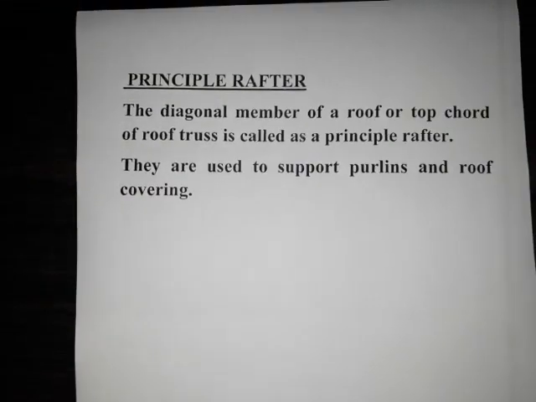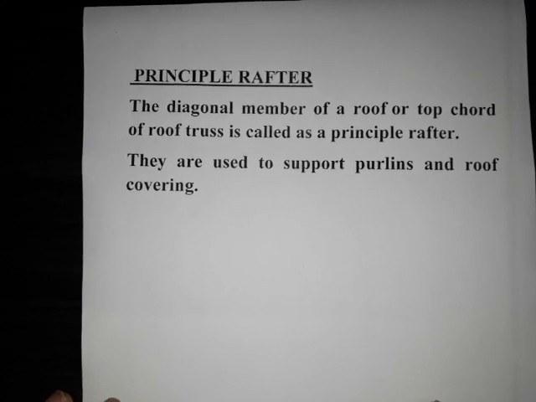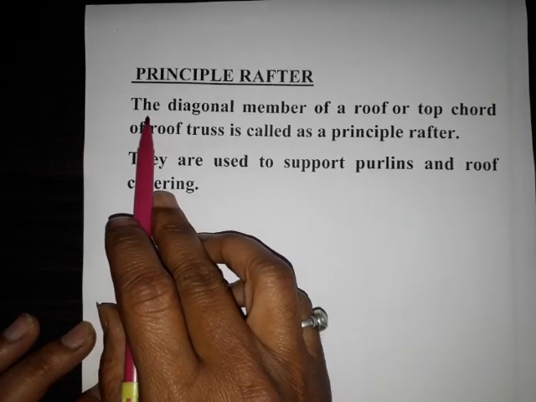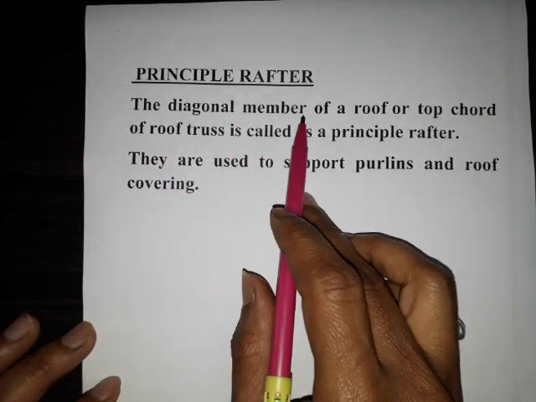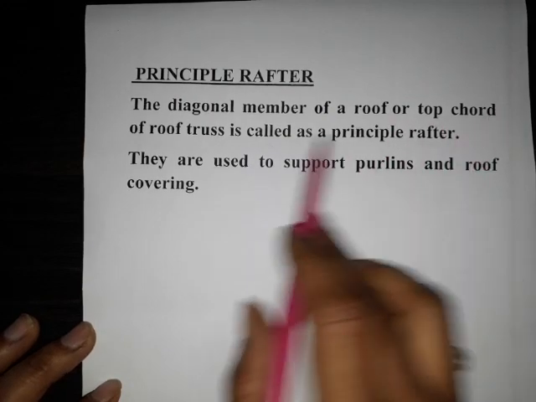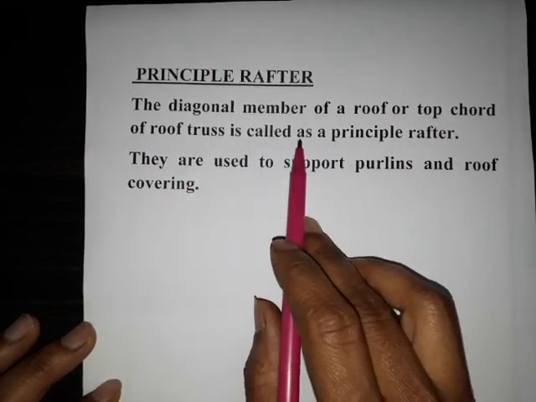Now next is principal rafter. What is principal rafter? It is the diagonal member of a roof or top chord of a roof truss that is called a principal rafter.